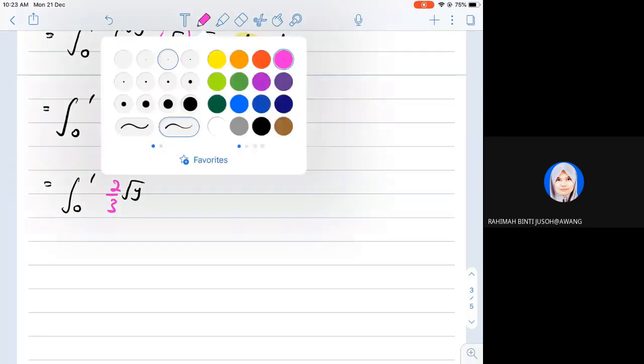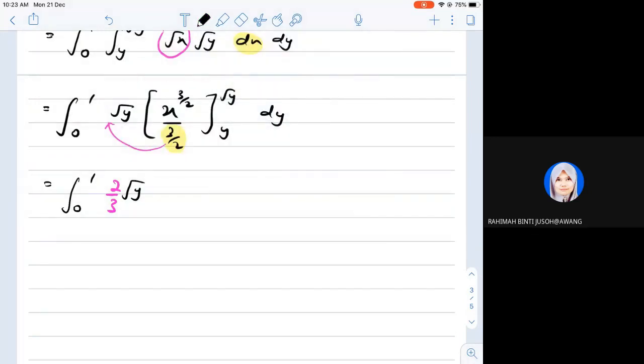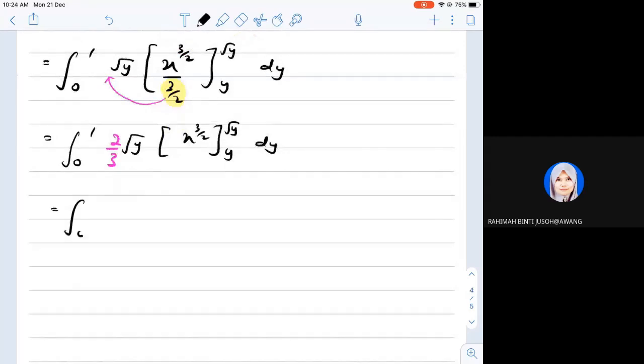Okay, so we will have x to the power of 3 over 2. Substitute square root y dy. Okay, so we will have 0 until 1, 2 over 3 square root of y. Okay, so substitute x as y to the power of half to the power of 3 over 2. And then we will have y minus y to the power of 3 over 2, like this, dy.